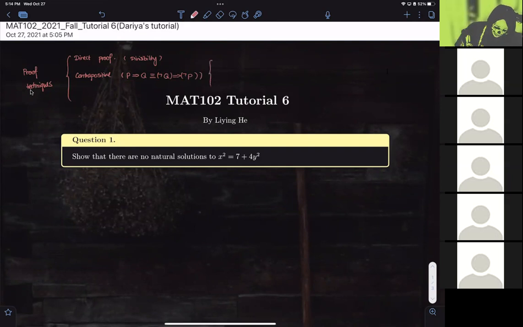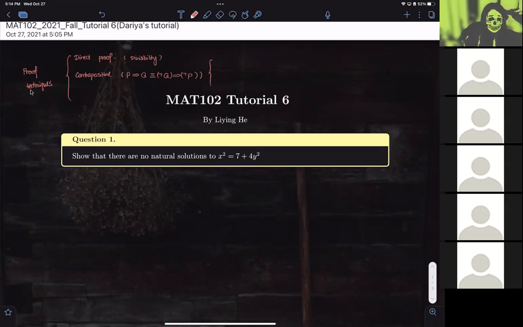When do I use contrapositive? I mentioned it many times. Of course, you need to have an if-then statement. And what else? If you have a really large expression, and we tell you to prove that if a really large expression is even or odd, doesn't matter, then x is even or odd, doesn't matter.